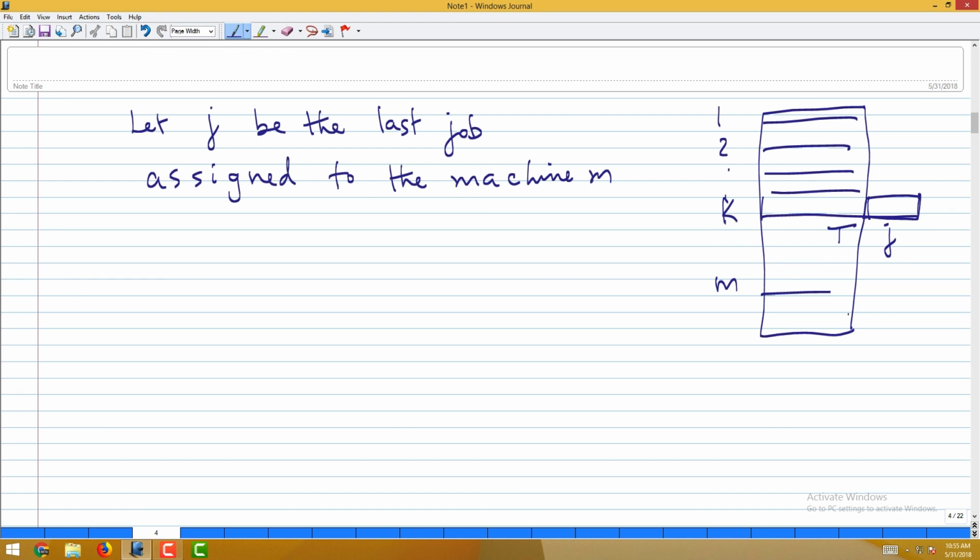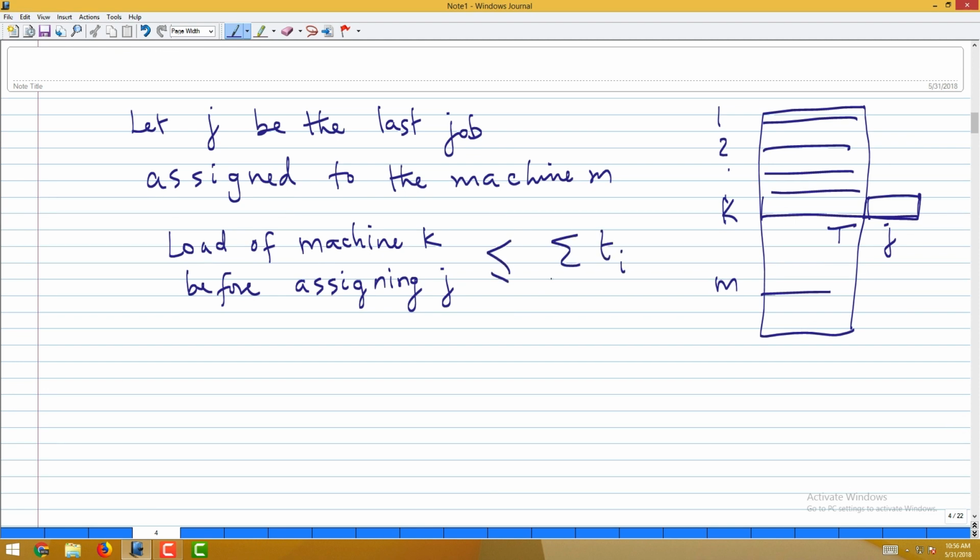So let me write that the load of machine K at that time, before assigning j, is at most summation T_i, i equal to 1 to n, i not equal to j, divided by m.